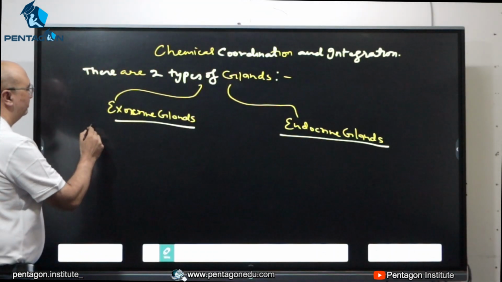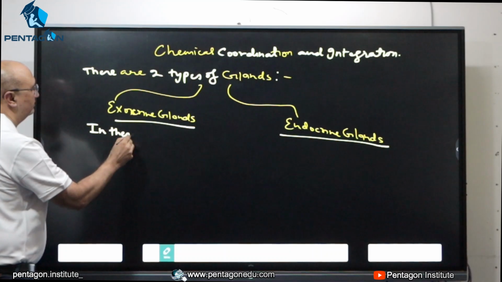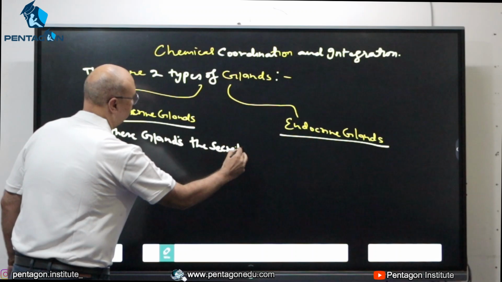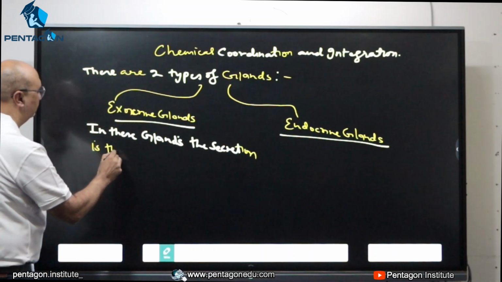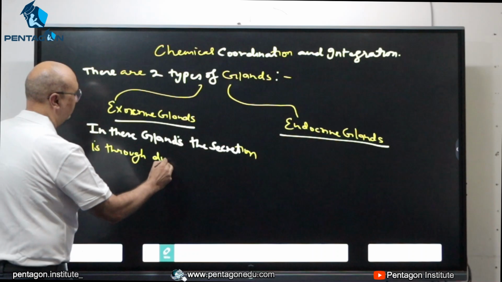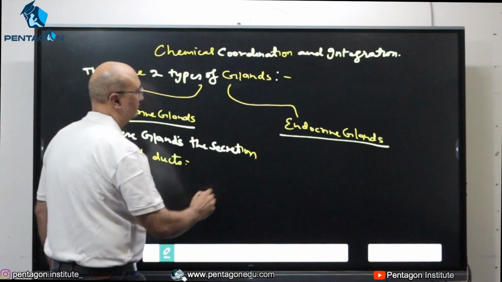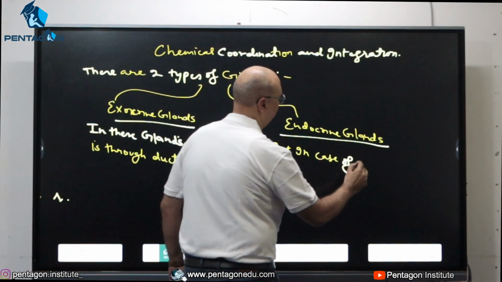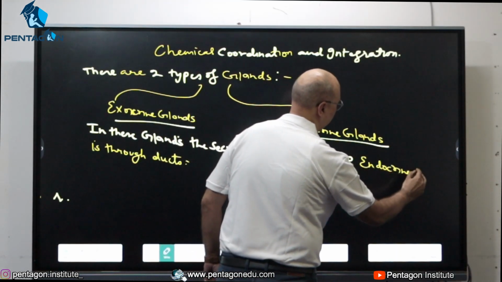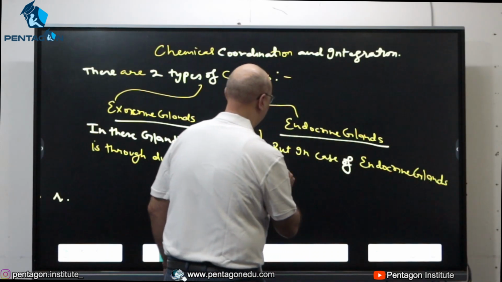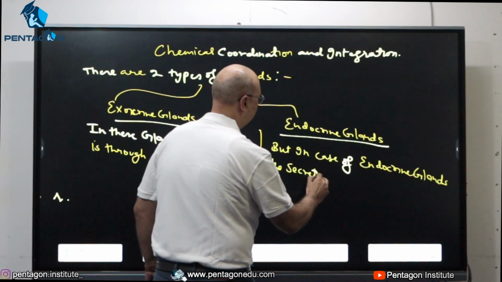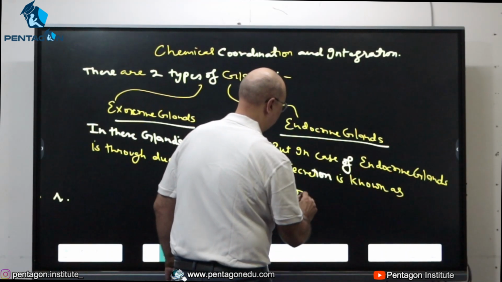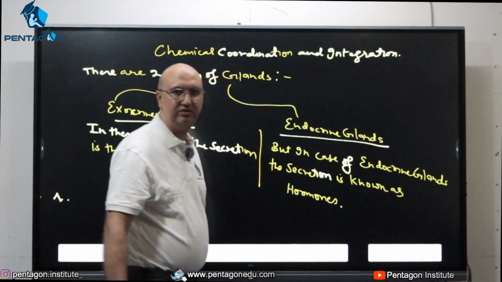In exocrine glands, the secretion is through ducts, but in case of endocrine glands, the secretion is known as hormones.